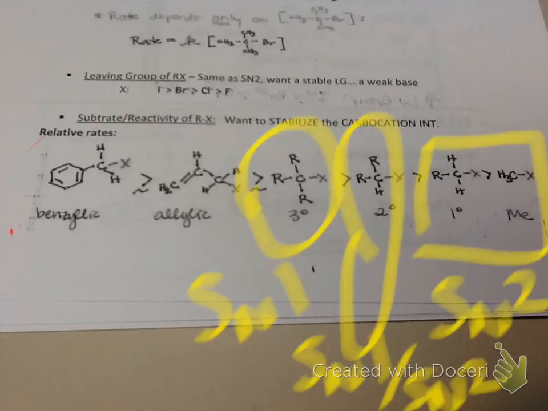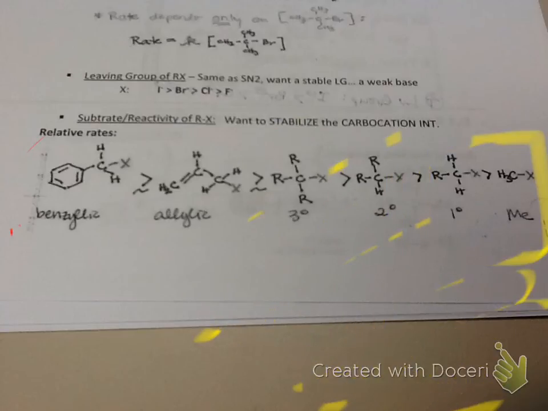So the secondaries can do both reactions. Methyls and primaries, those are unstable carbocations, so they usually don't go by SN1, they usually do an SN2 reaction. Alright, so we have 2 different trends for stability of the carbocation.